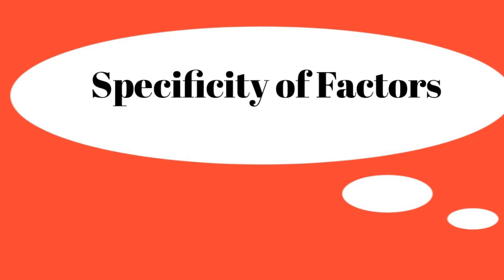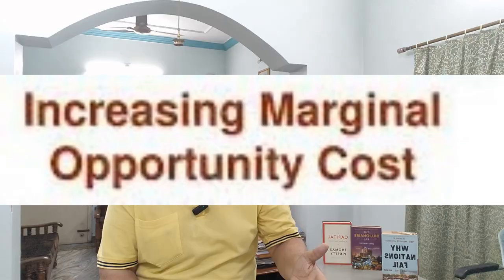So when resources are withdrawn from a more specialized use and allocated to a less specialized use, the loss of output tends to be higher than the gain of output. Increasing opportunity cost means, as I had told, diminishing returns.